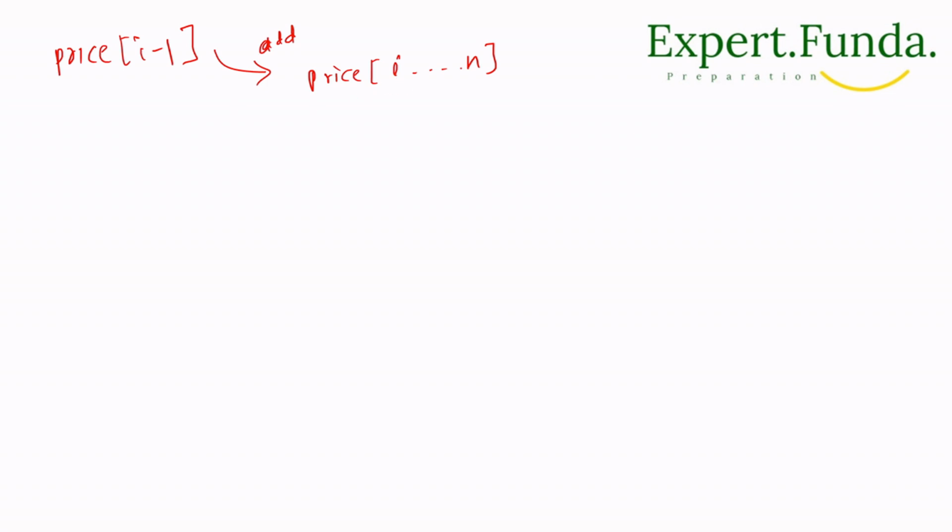All we need to do is to deduce the value of the unknown MP of I minus 1. For MP of I minus 1, we have some price that comes from here, because we are adding it here.